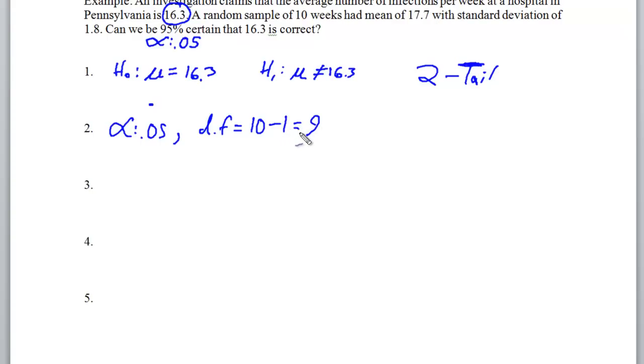So what we're going to do is go to our table and take a look at the t-value. Look where the degrees of freedom equals 9 and go across, and now here's the important part. I want to show you where we're going to see this on our table here.